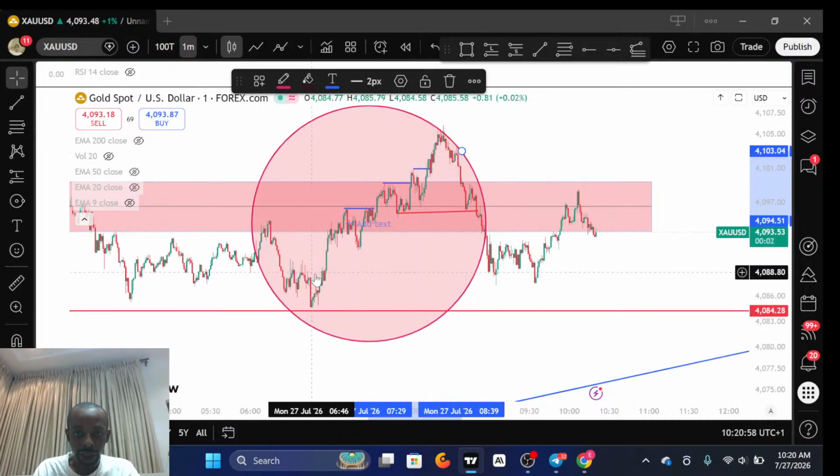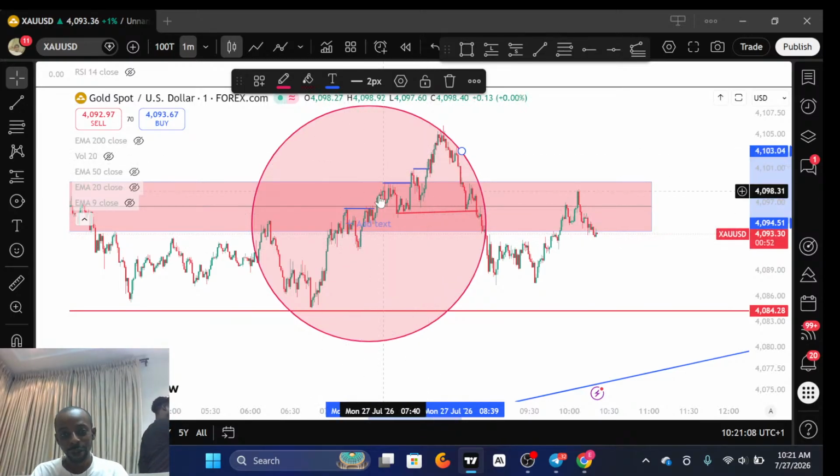You see this candle that is inside this place. These candles that are inside this place must be broken low.